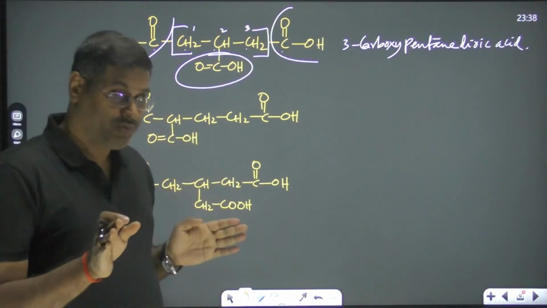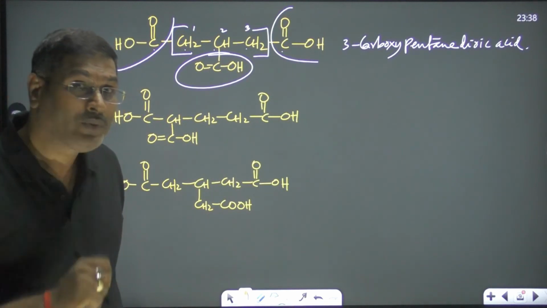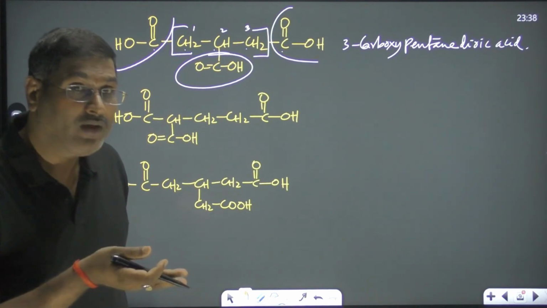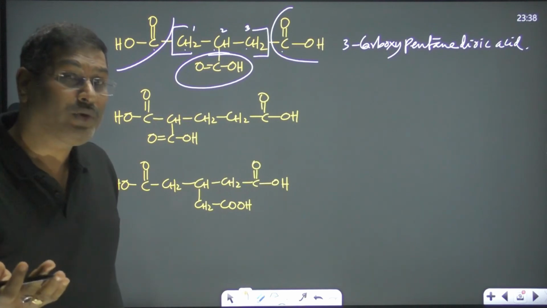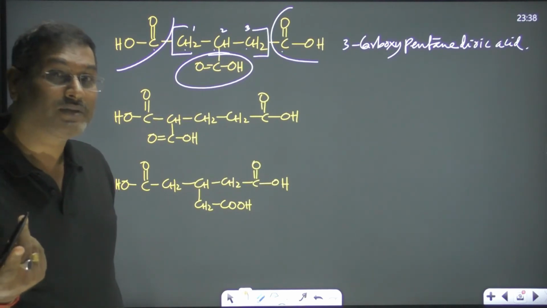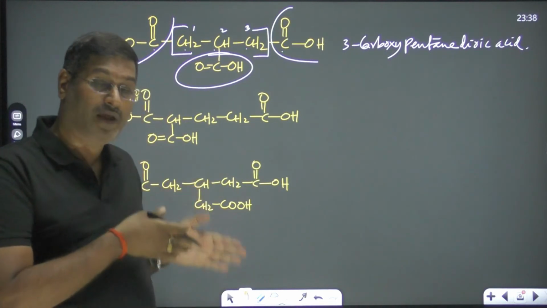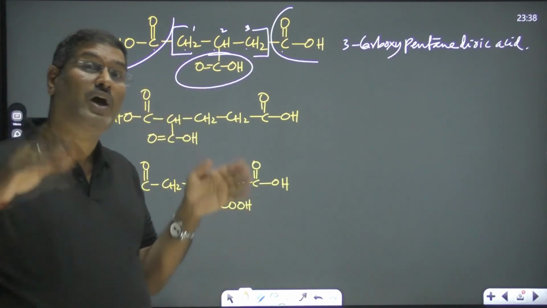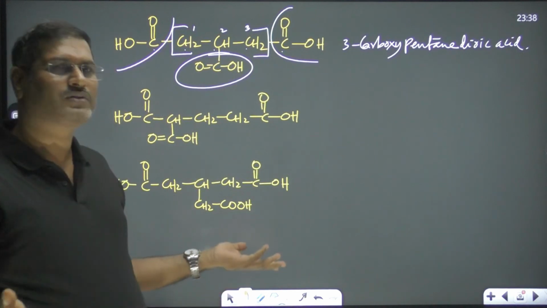These are not the substituents, these are the prime functional group. In the beginning we learned one rule. When the carbon is included, what suffix? Oic acid. When the carbon is not included, what suffix? Carboxylic acid. Yes, we have respect for the COOH, that is the prime functional group. But if the carbon atoms of these functional groups are not getting included in the parent chain, then what? Carboxylic acid.